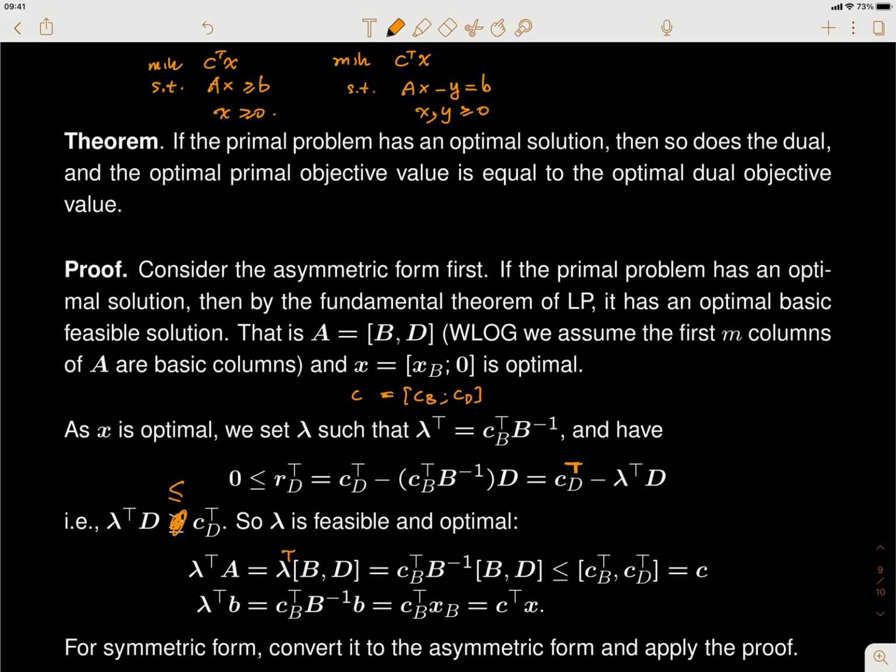Then this becomes a minimization over both X and Y. The X and Y stacked together is the primal variable, and we can apply the earlier proof to this form, because this is the standard form now. A, negative identity is the new A matrix, and everything will just follow.